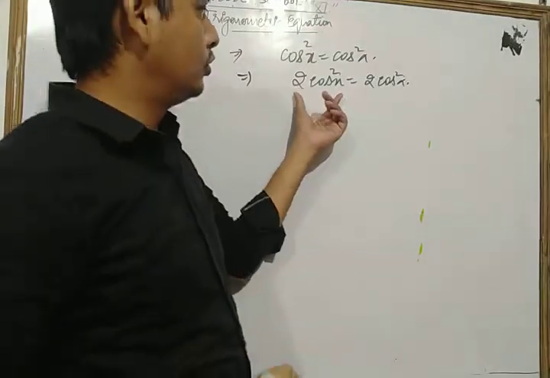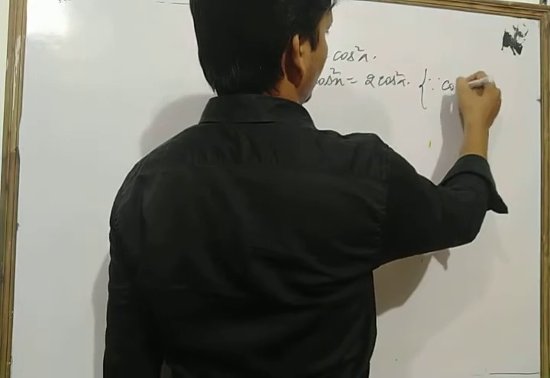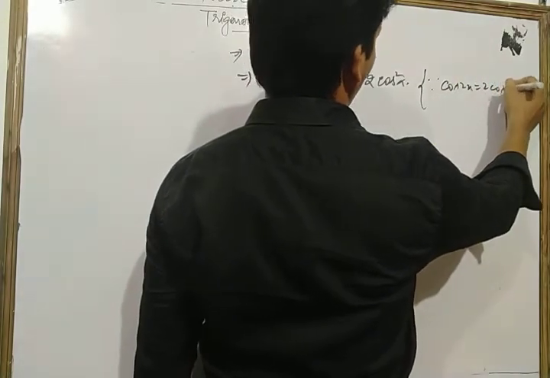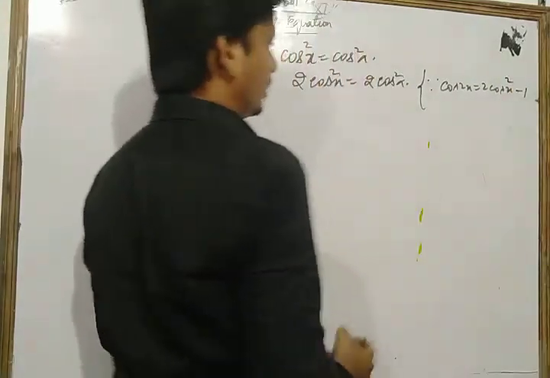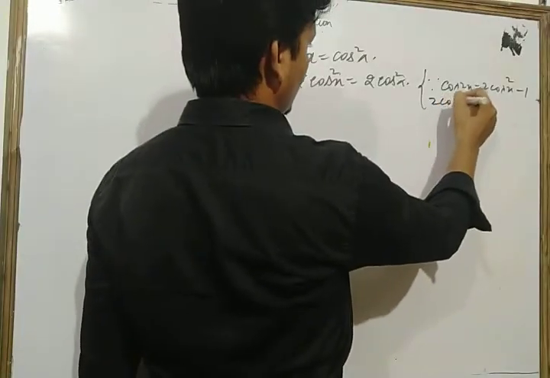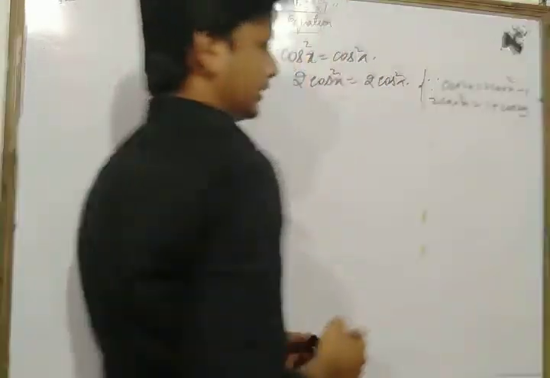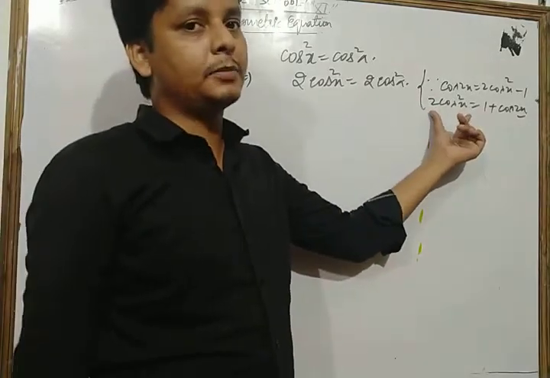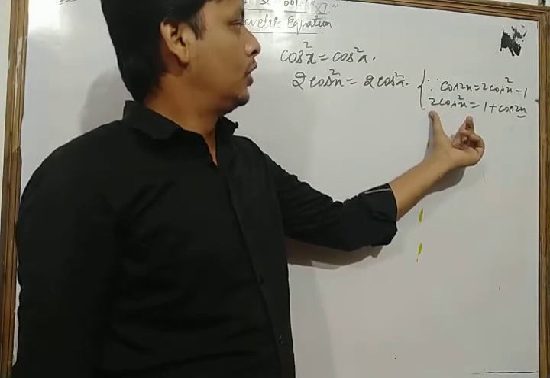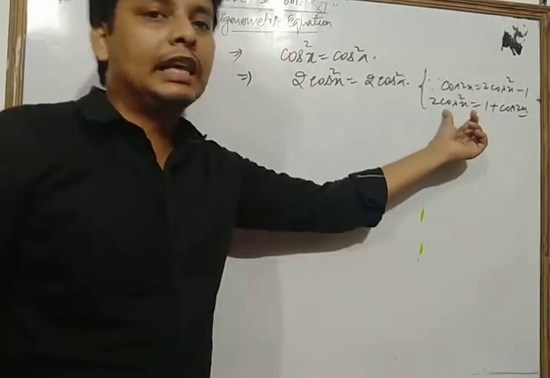We know that cos 2x = 2 cos square x minus 1. So we write 2 cos square x as 1 plus cos 2x, using the formula of cos 2x.